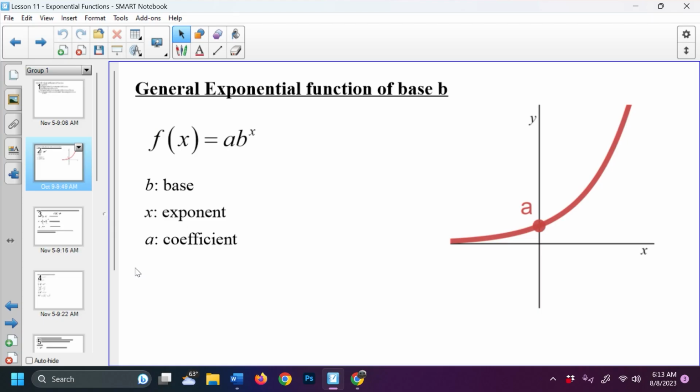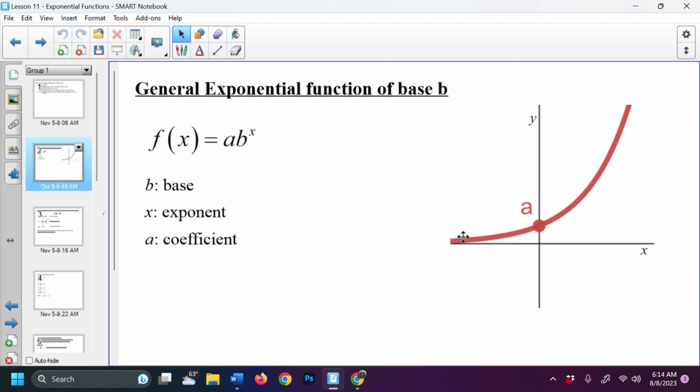All right, so we will start with the general exponential function, and that's going to be f of x equals ab to the x. And so here is our first example of a function where the independent variable is an exponent. We're going to call b the base, x the exponent, and a the coefficient.